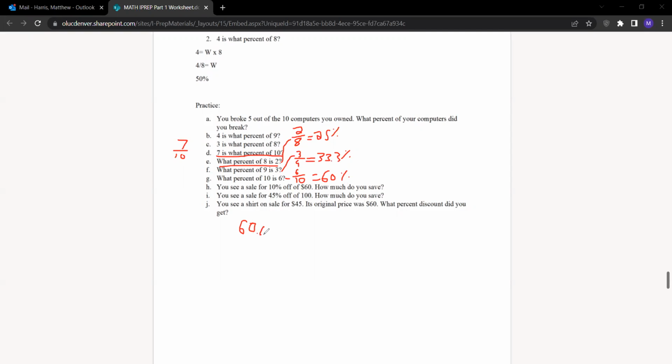So when we're looking at percentages, we want to divide by 10 or divide by 100, right? So if it was 1%, we divide by 100. If it's 10%, we divide by 10. So divide that by 10 equals 6. So you'll save $6.